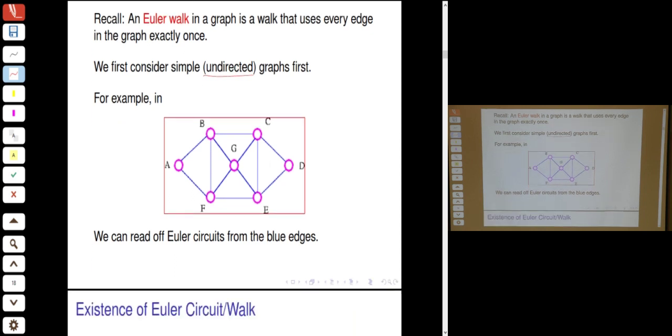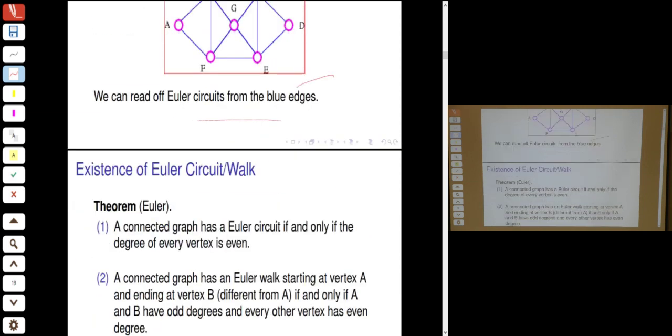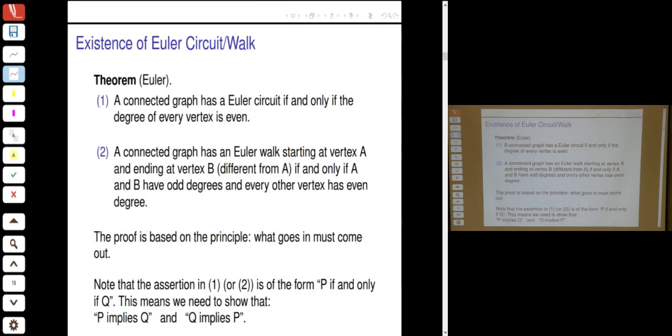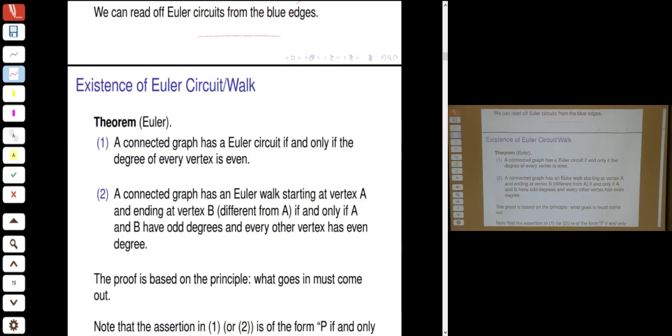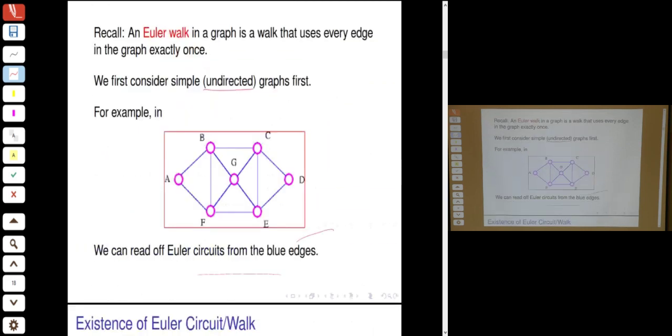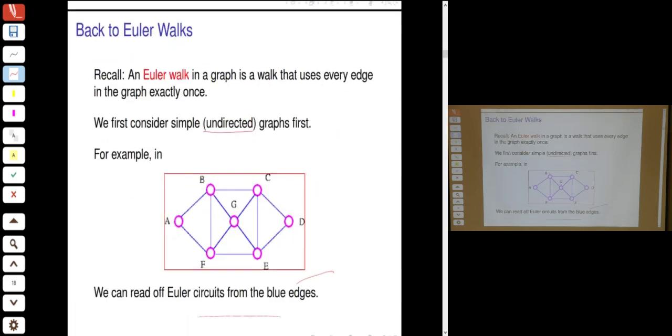And then if your graph is of a particular nature like this, you can read off the Euler circuits from the blue edges. And basically you might wonder, and this is also related to the Königsberg bridge problem, whether in a graph... the Königsberg bridge problem can be reduced to the following question.